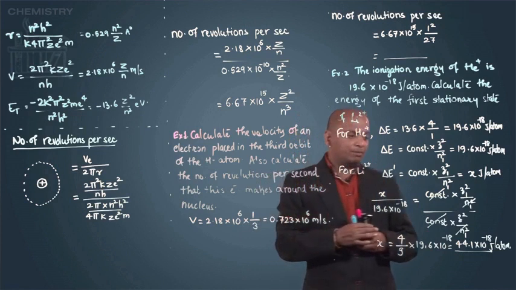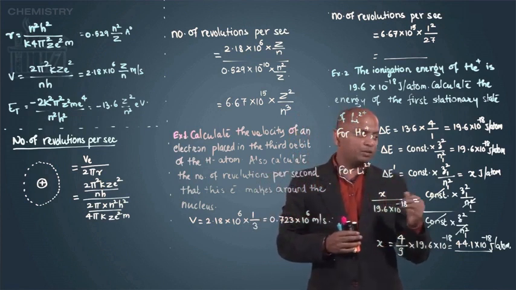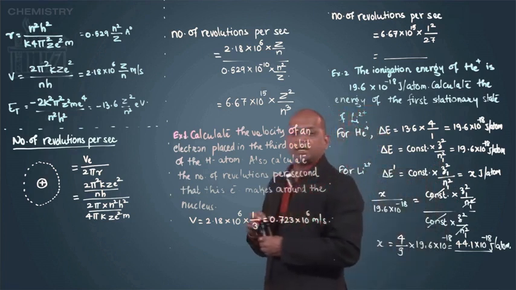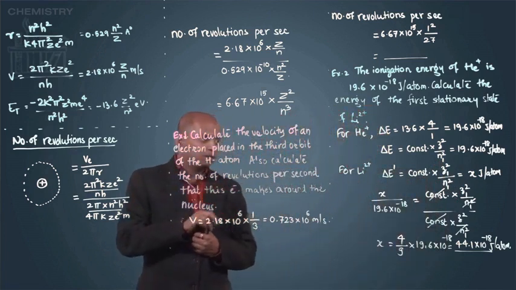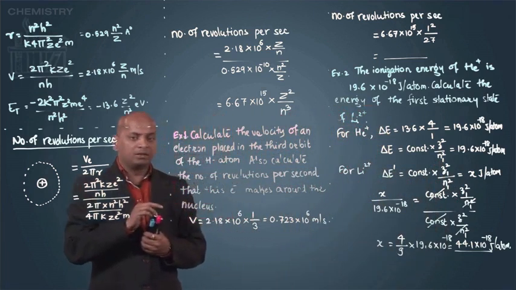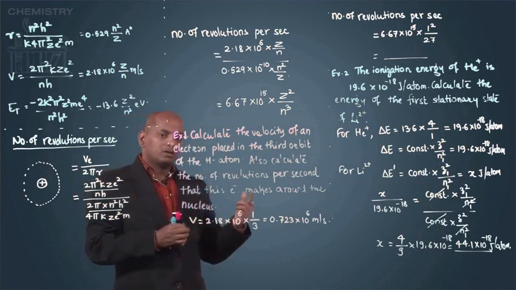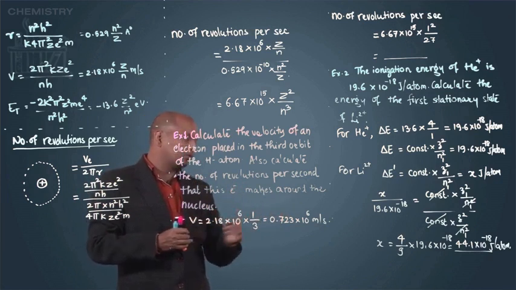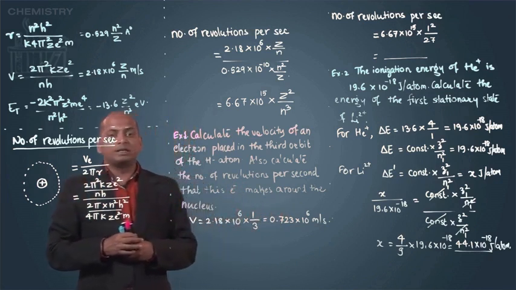Now if you observe the values carefully, 19.6 into 10 raised to minus 18 joules per atom for helium and lithium, the number of shells is the same, only Z is changing. See, the value has almost increased thrice.